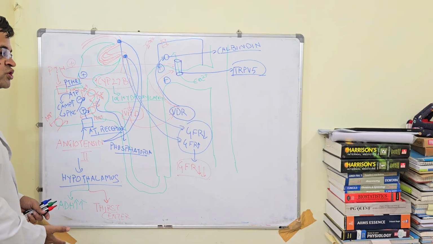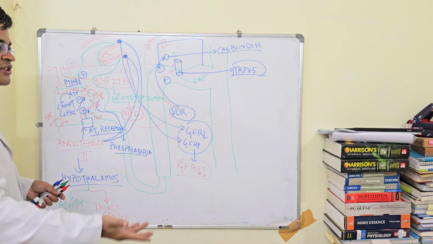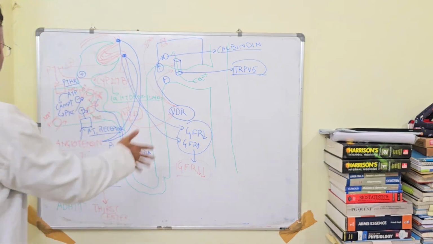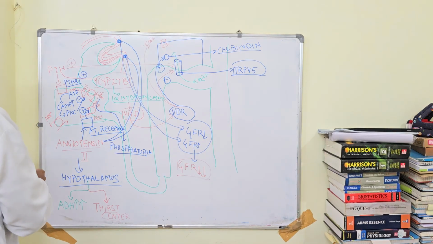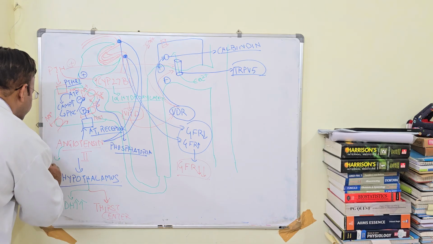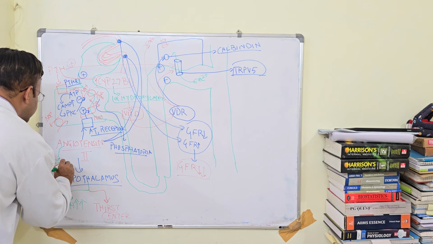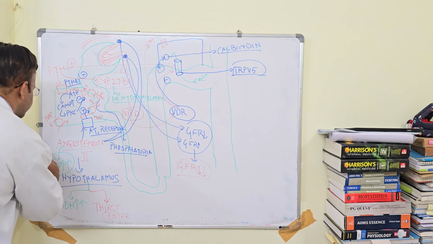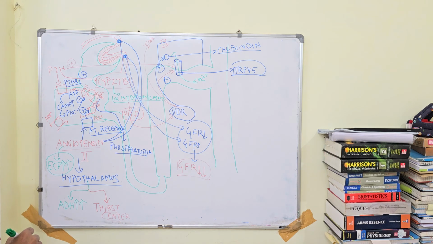If the thirst center is stimulated, you will drink a lot more water, and ECF volume will increase. So through all its actions, your angiotensin 2 is actually increasing the quantity of ECF. So the sole purpose of angiotensin is to increase the volume of ECF.